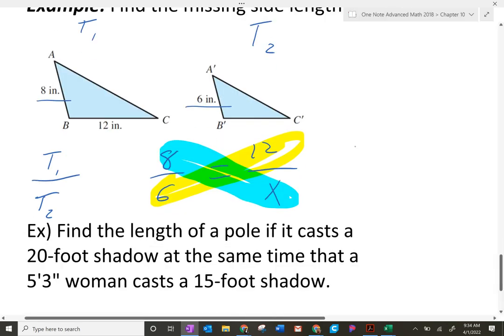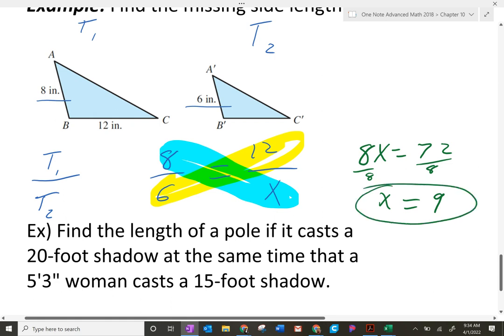So I get 8x equals 6 times 12 is 72. Divide both sides by 8. My final answer is x equals 9.